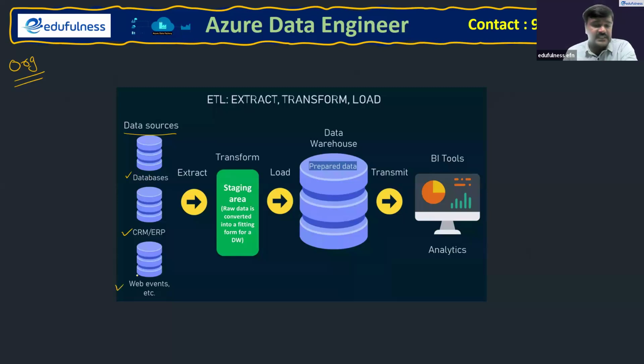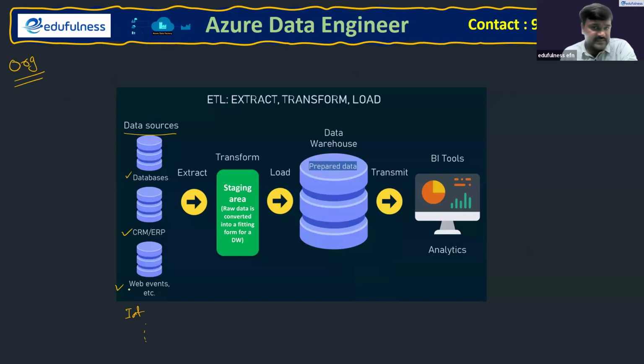Data may exist in web events. Data might be there in IoT devices. So data is going to exist in multiple systems. Not even in one database; data will exist in many databases, not definitely one central database. This is data sources wise.